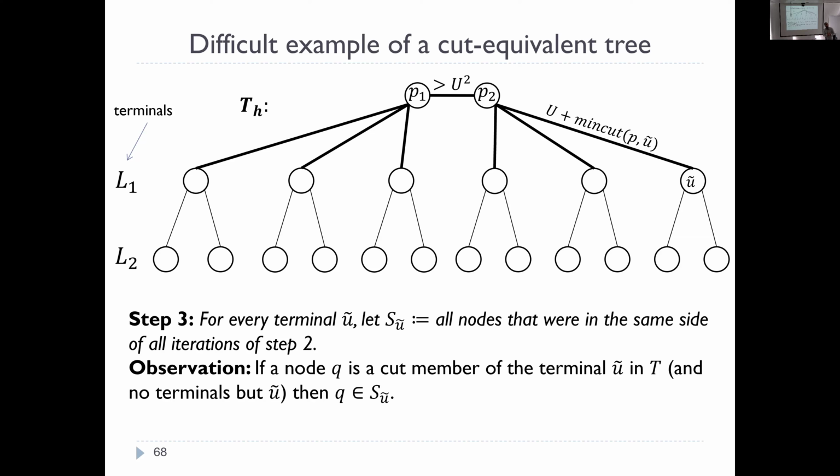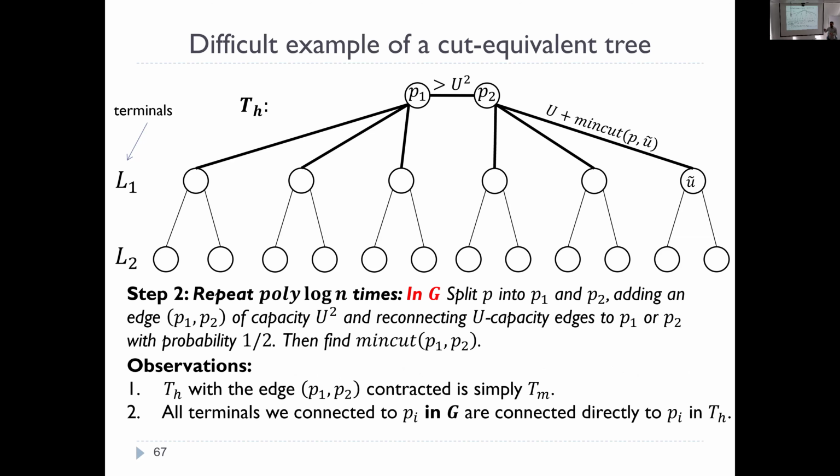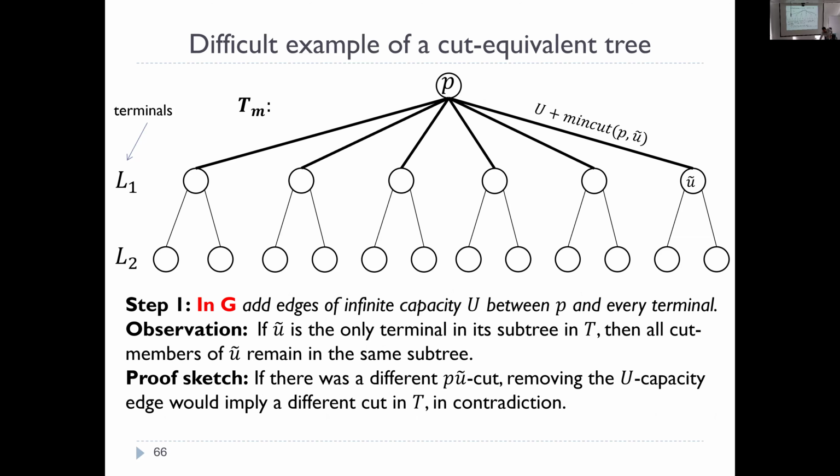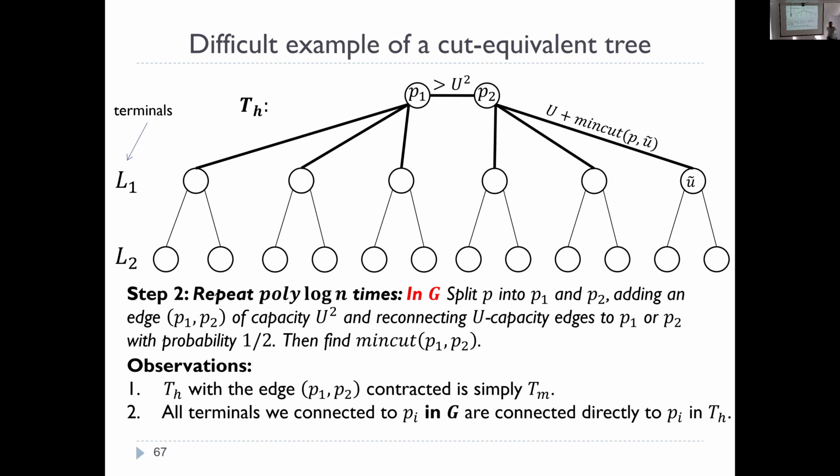Yes, please. Oh no, so this process. We had the first modification of adding edges of infinite capacity. We do this separation of P into P1 and P2, and we get a separation of the nodes of the graph into two. Now this specific step we do in polylog n time. So we don't run it on the result and then continue in polylog time.